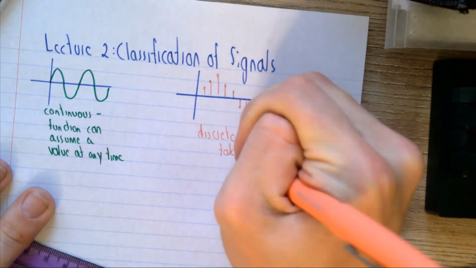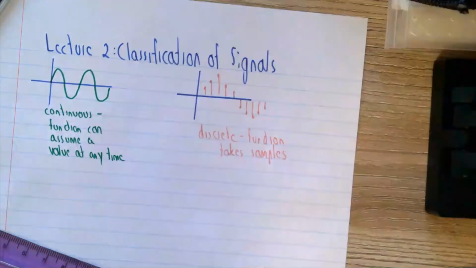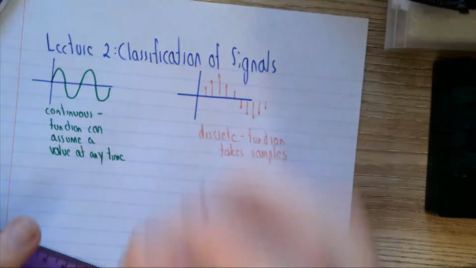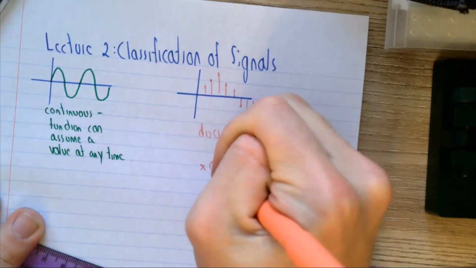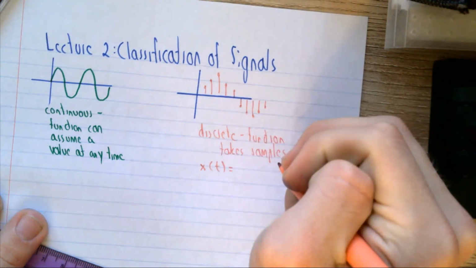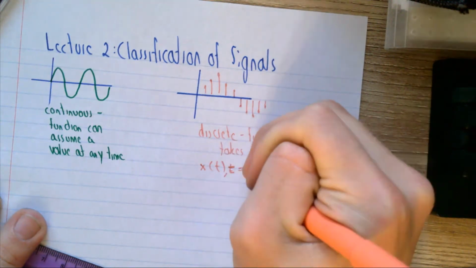at specific times. And so what we're going to see now is there's a sampling period. And so when we say our discrete signal, we can write it as x of t, where t is equal to k times Ts.